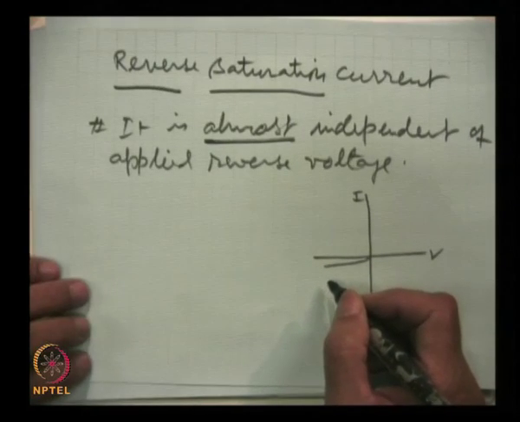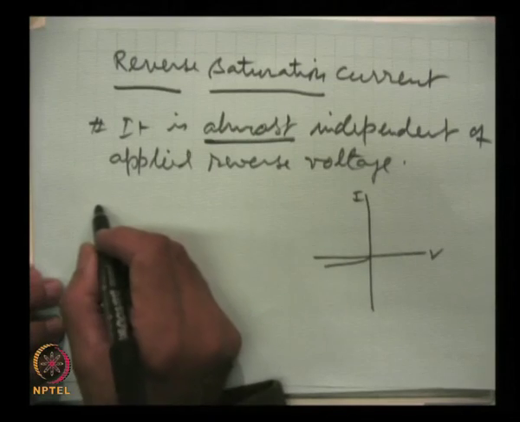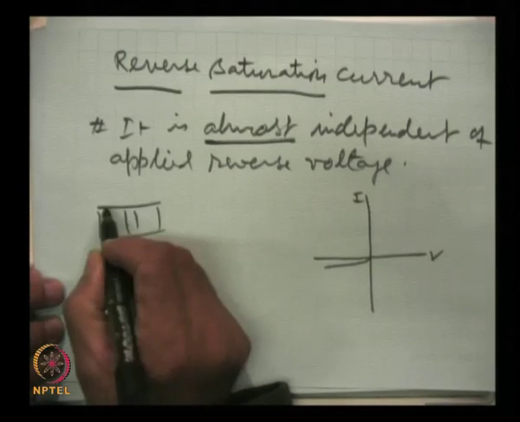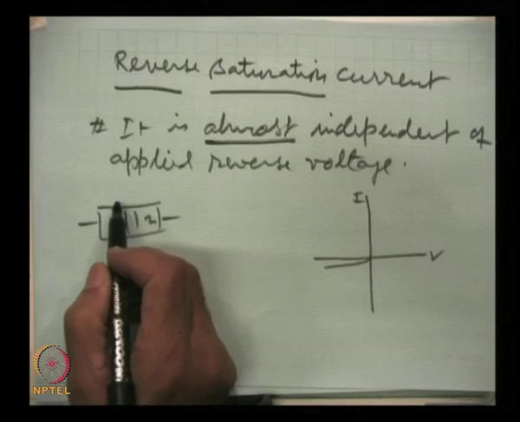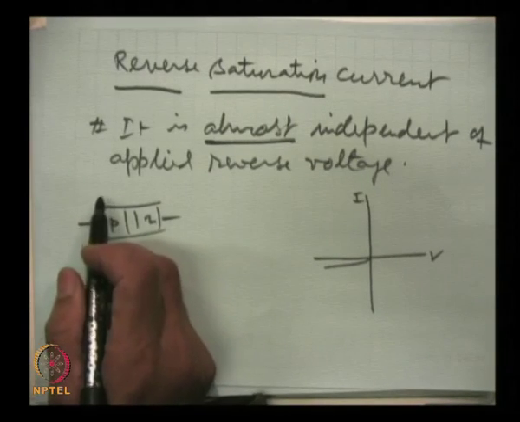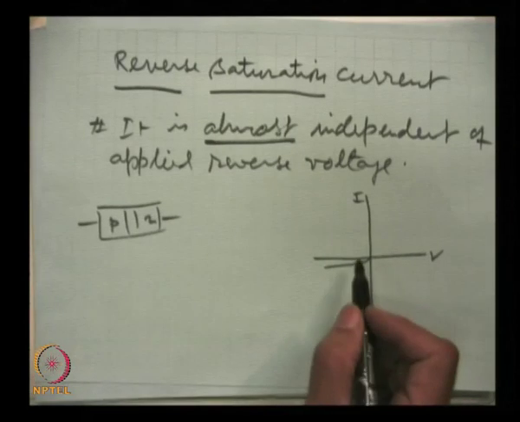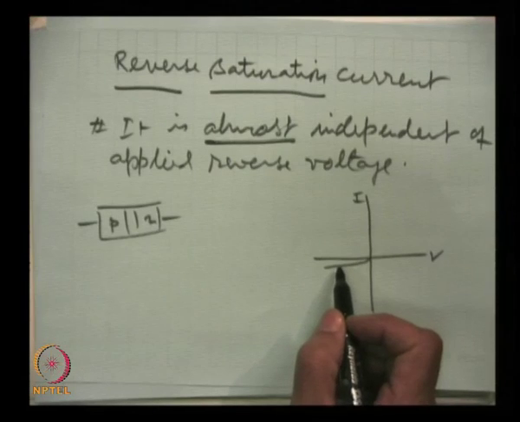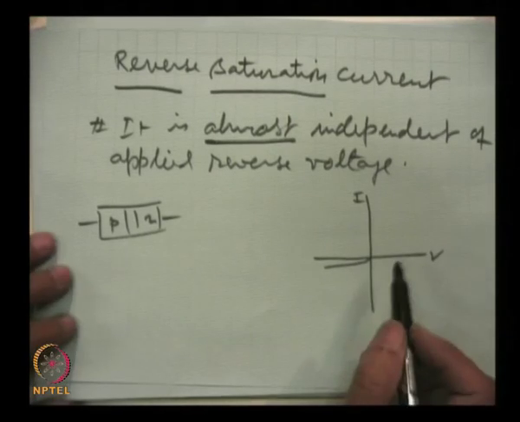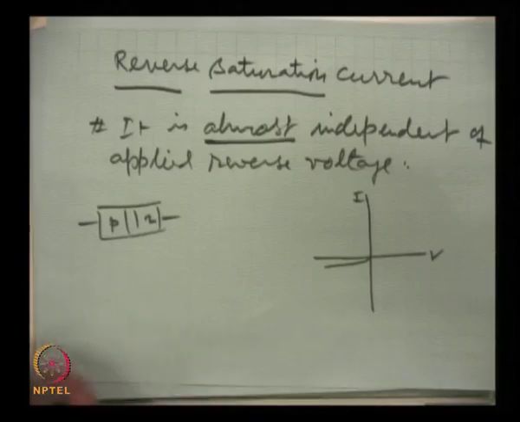This small dependence comes from the fact that there are defects on the surface of the device, and this gives rise to some movement of charges, which gives rise to this small voltage dependence on the reverse voltage. So, it should now be clear what forms the reverse current, why it is called reverse, and why it is saturation current.